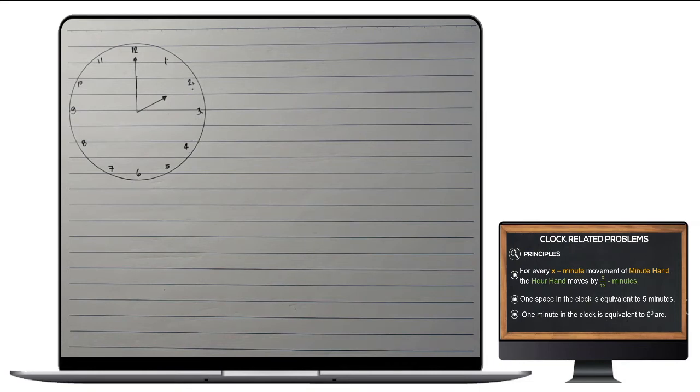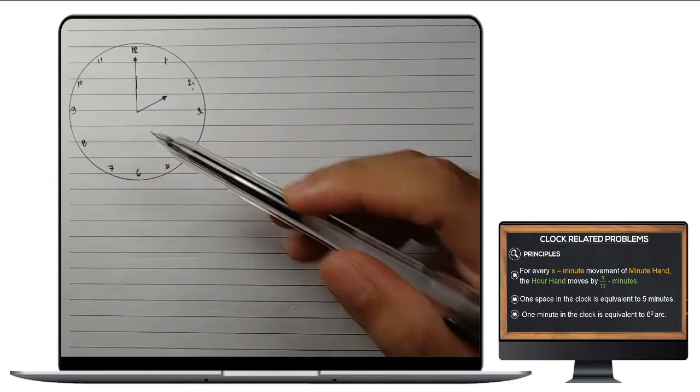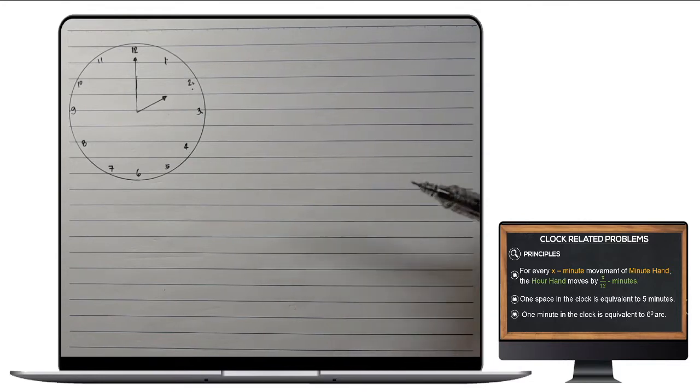Then, we have the relationship between distances in minutes and its equivalent degrees. Okay, so it's equivalent in degree units. So, 1 minute in the clock is equivalent to 6 degree arc. So, how is that possible? So, we all know that one complete revolution is equal to 360 degrees.